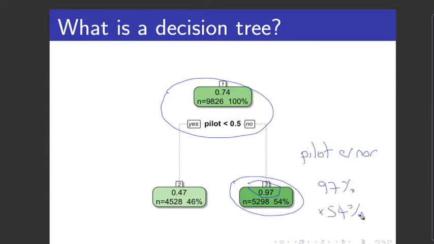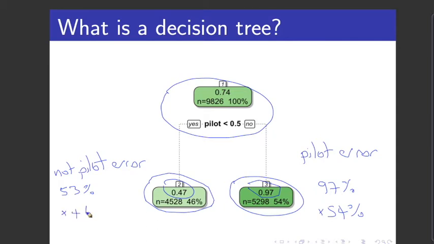On the other hand, for the examples that end up in this leaf over here, what are you going to predict? Well, only 47% of them are due to pilot error, and therefore, presumably you will predict not pilot error. What is your accuracy in that case? 53% are not due to pilot error, and that's what you predict. So you get it right 53% of the time, and that is on 46% of the data.